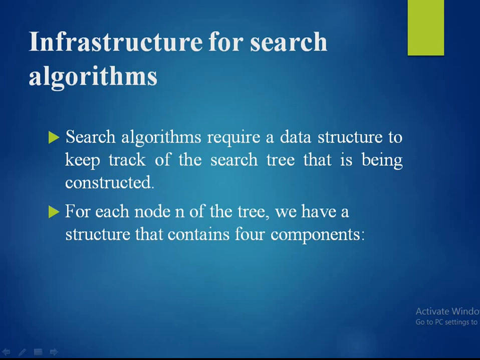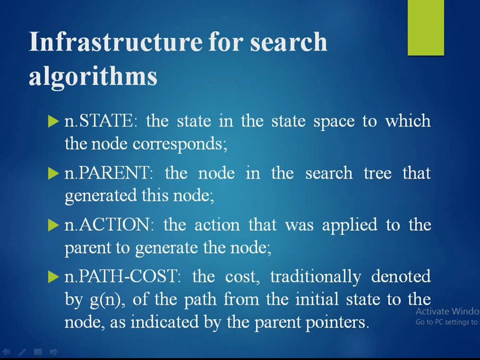Search algorithms require a data structure to keep track of the search tree that is being constructed. For each node n of the tree, we have a structure that contains 4 components. N dot state, the state in the state space to which the node corresponds.